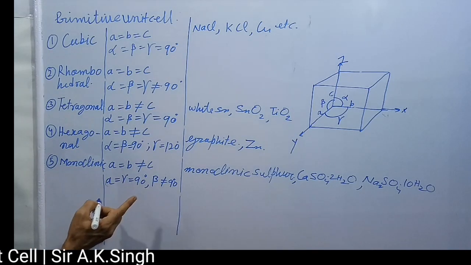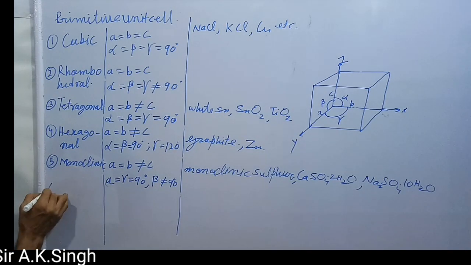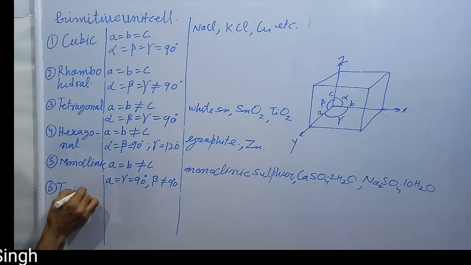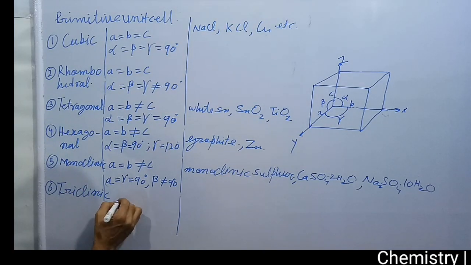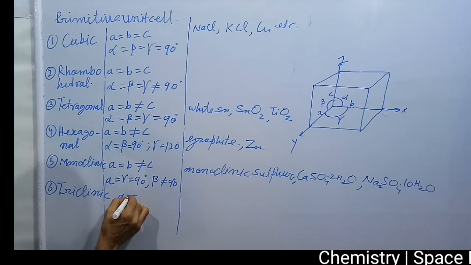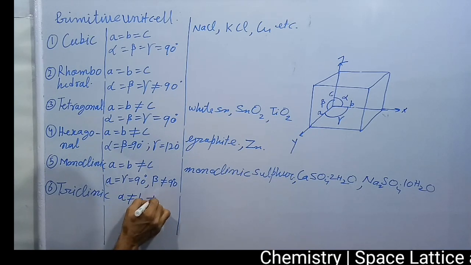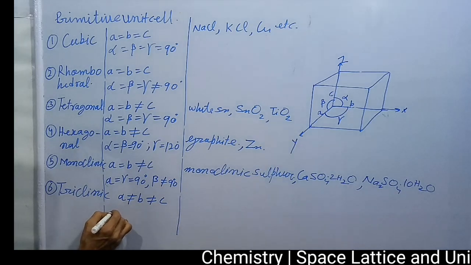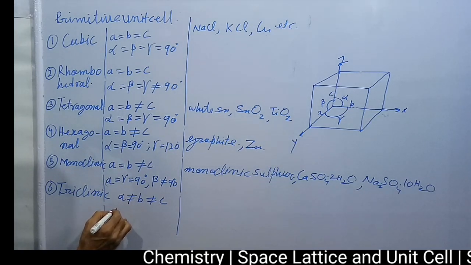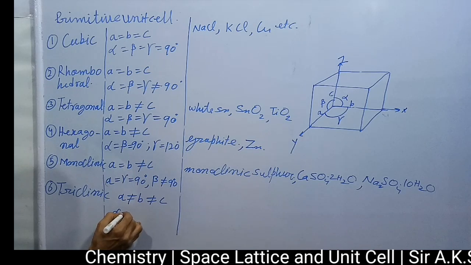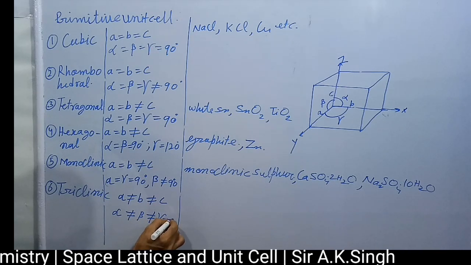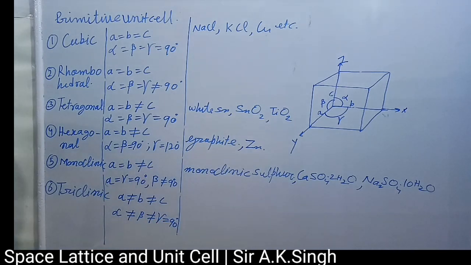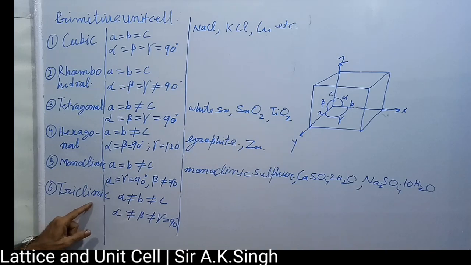Now triclinic primitive unit cell. In triclinic, a is not equal to b is not equal to c, and alpha is not equal to beta is not equal to gamma is not equal to 90 degrees.